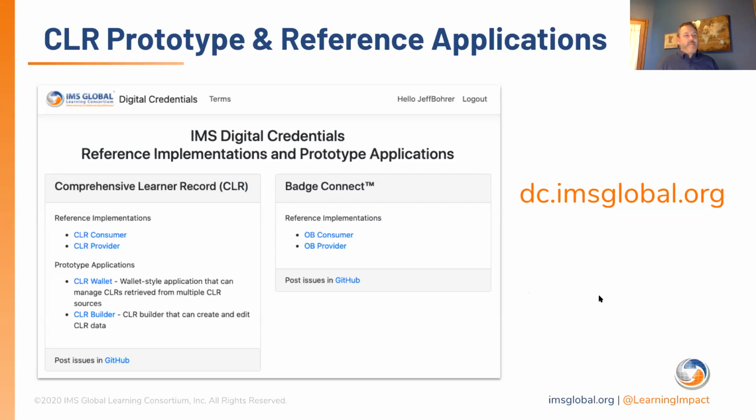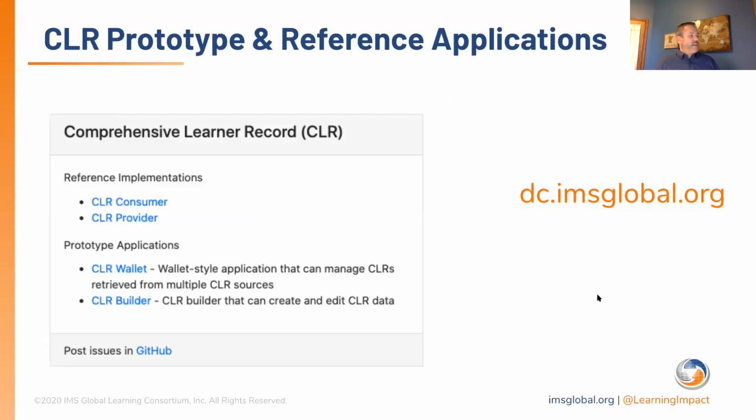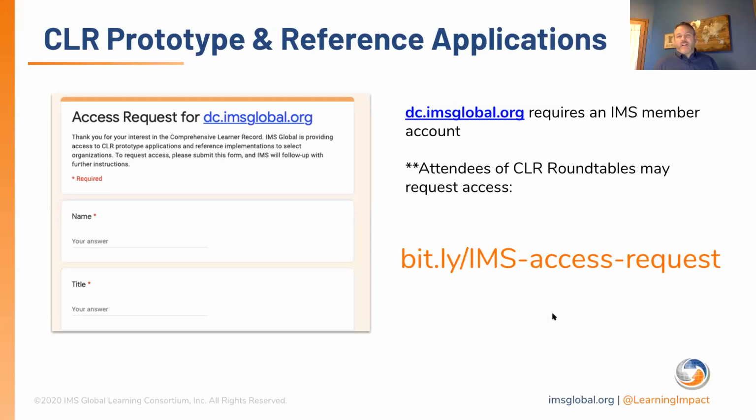Now these applications are available to IMS members typically. But what we did through this series of CLR Roundtables is we wanted to make these tools available to you that attended the Roundtable webinars, and we can do that by just requesting access.